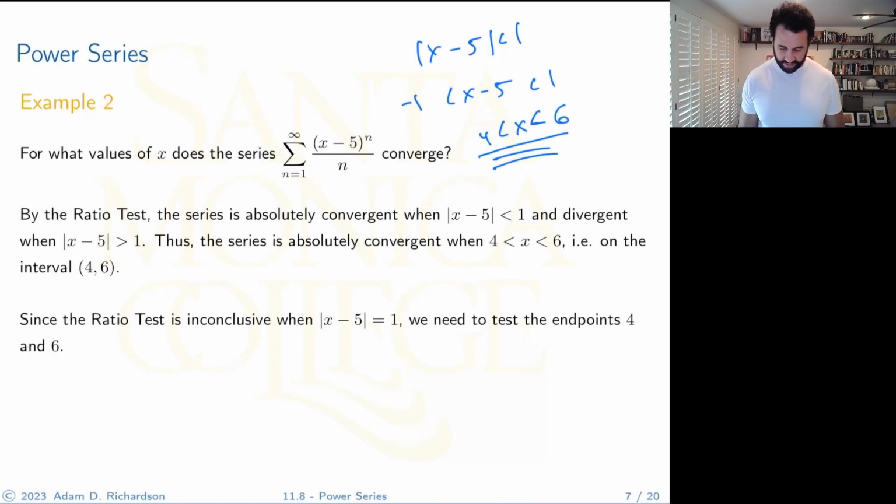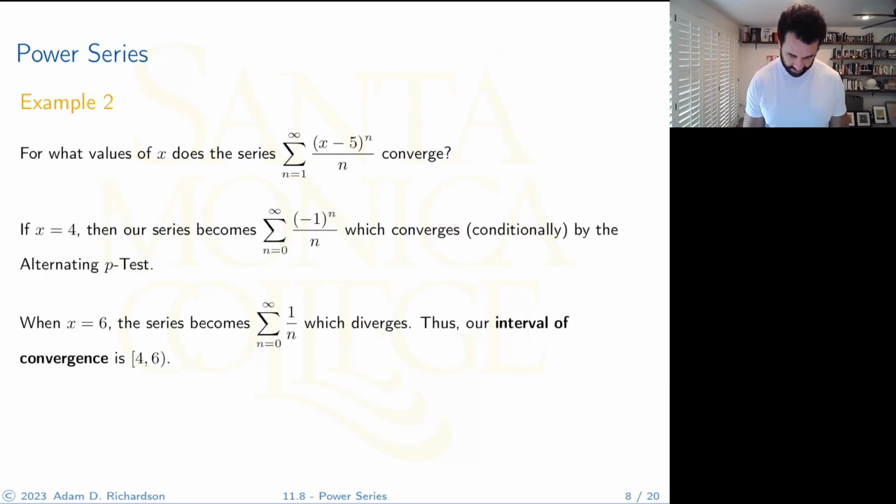Here in this example, we found the interval of convergence to be this. The interval of convergence here is 4 to 6, including 4. The radius here is just 1, because you take the length of that interval, 6 minus 4, and divide it by 2, which is 2 over 2, which is 1.